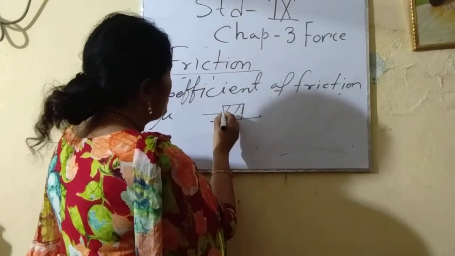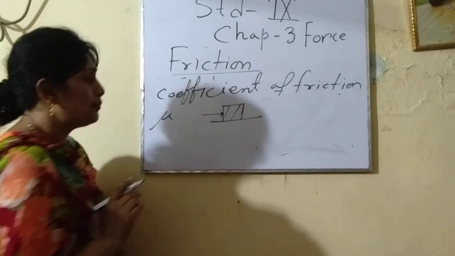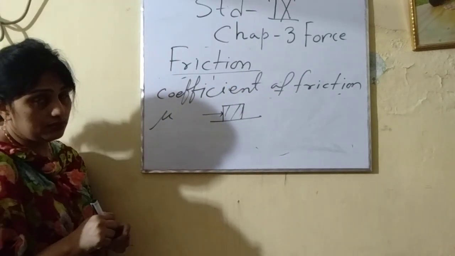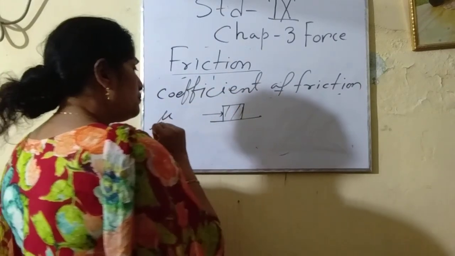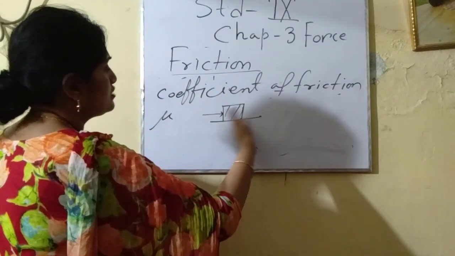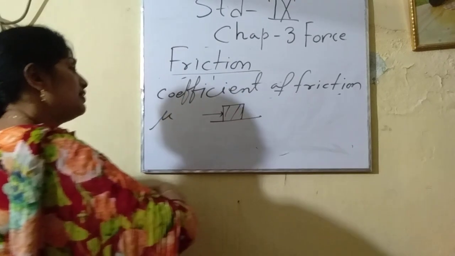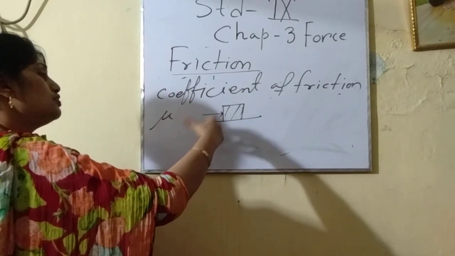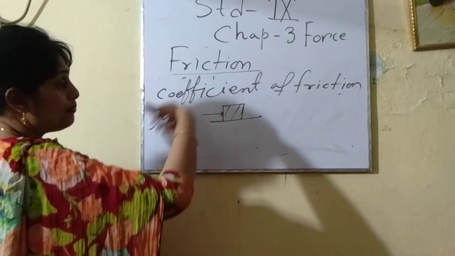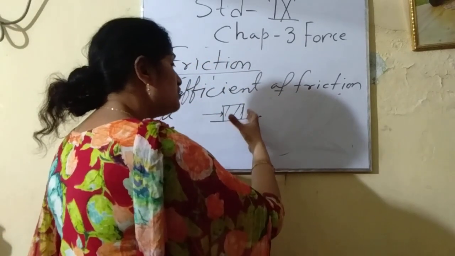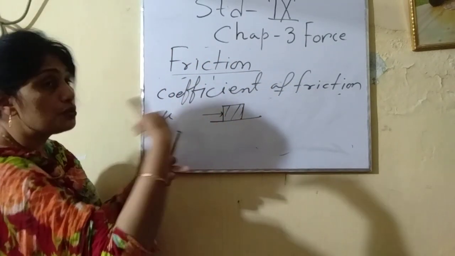Suppose I have applied 10 Newton force on the box, it is not in motion. Then I applied 15 Newton force, yet the box is not in motion. If I applied 20 Newton force, the box is not in motion. If I applied 25 Newton force, then the box starts to move.